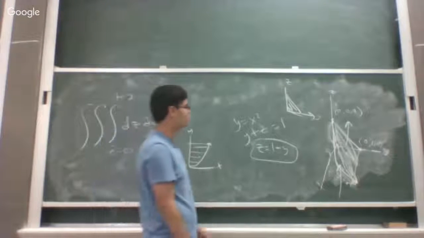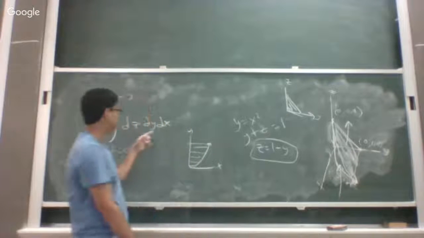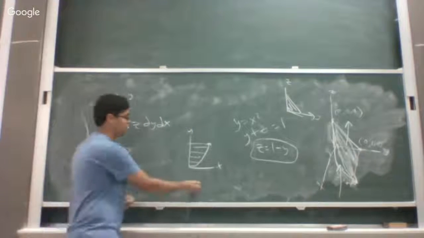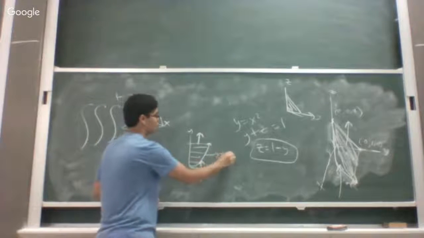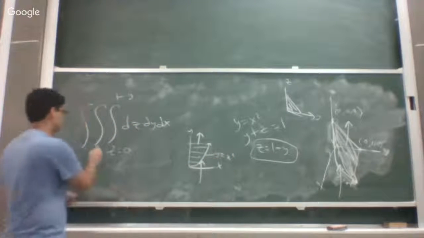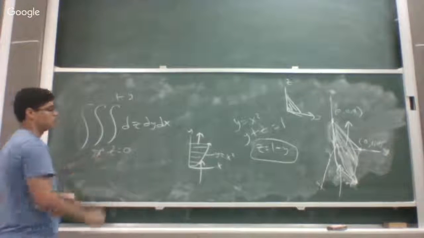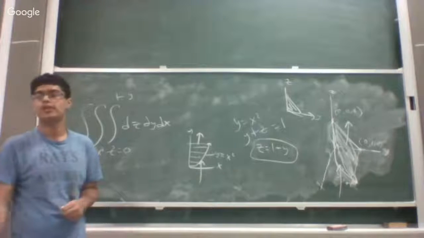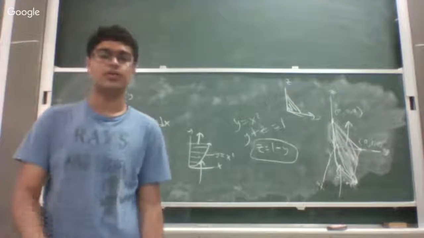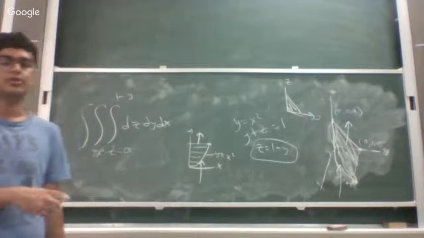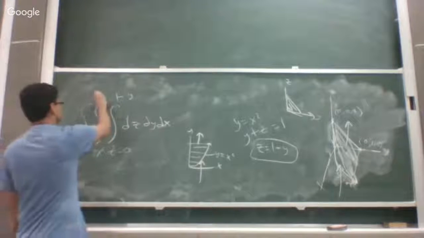Then we need to look at it from an xy perspective. Next we have dy. From the bottom going up, the equation that governs it is y equal to x squared. If this were dx dy, we would go left to right. Since we're doing dy first, it goes from x squared, and then y is equal to 1 at the top.